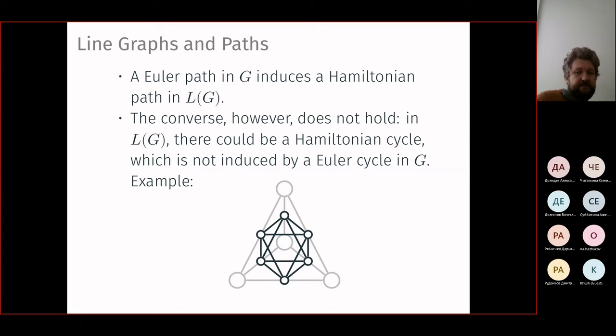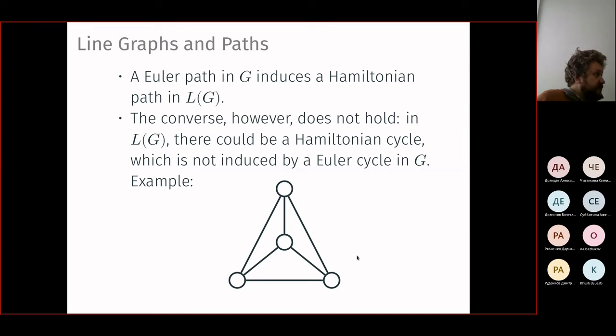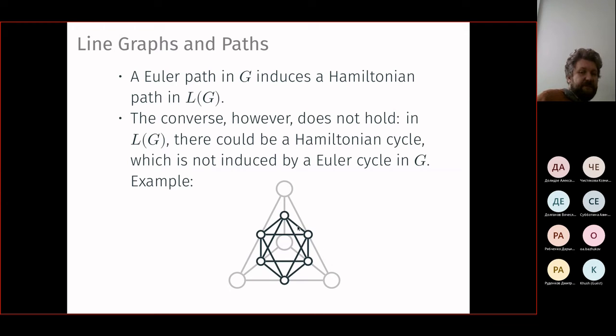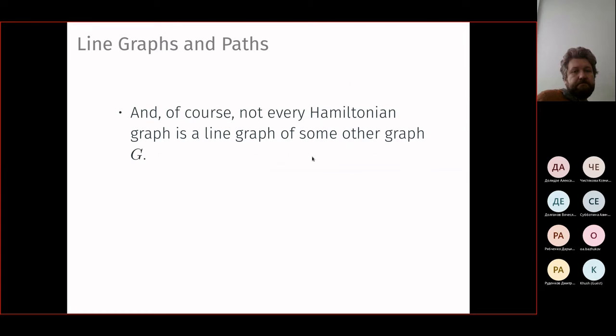Here's an example. So here is a graph. This graph does not have any Euler cycles, right? But its line graph is the following one, and it has a Hamiltonian cycle. And of course, not every Hamiltonian graph is a line graph. So checking for this, we see why the Hamiltonian problem is hard.